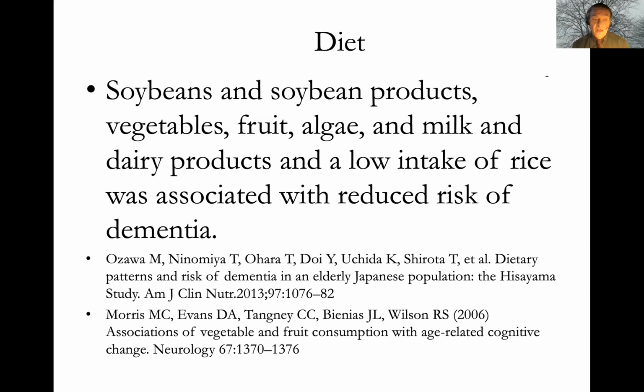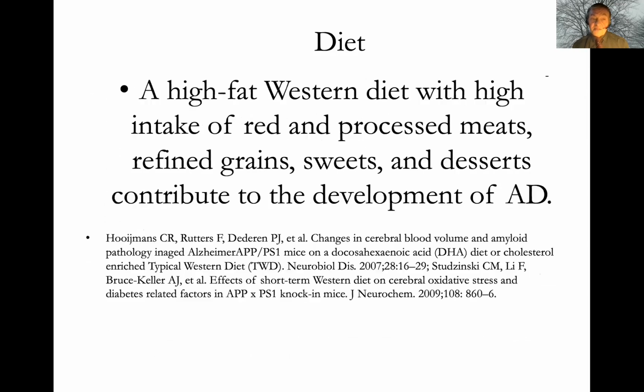In Japan, Ozawa et al. found that soybeans and soybean products, vegetables, fruit, algae, and milk and dairy products, and a low intake of rice was associated with reduced risk of dementia, whereas the Western high-fat diet with red and processed meats, refined grains, sweets, and desserts contributes to the development of dementia.